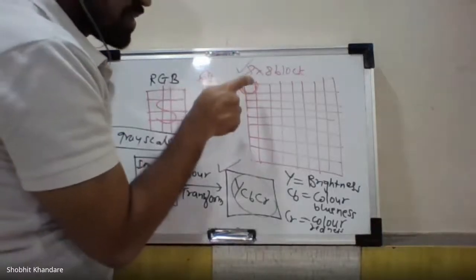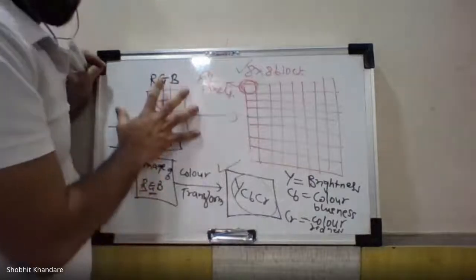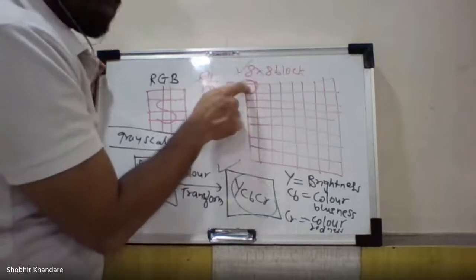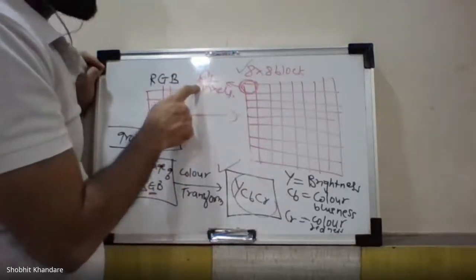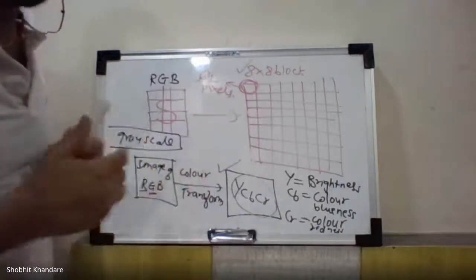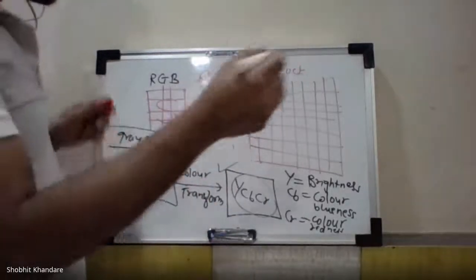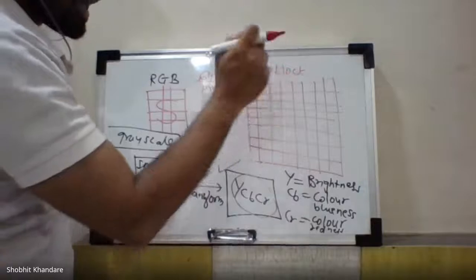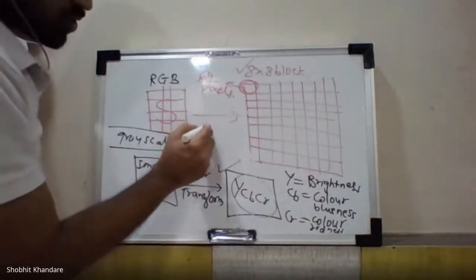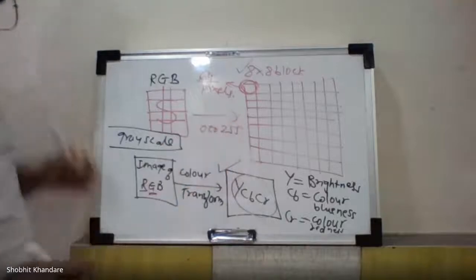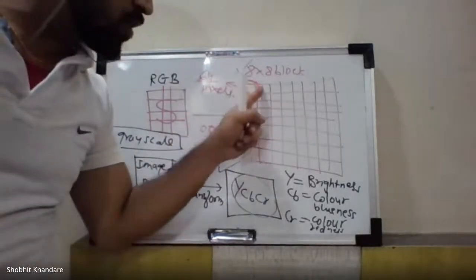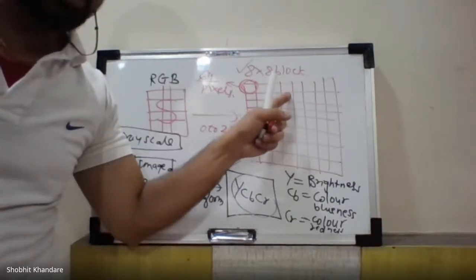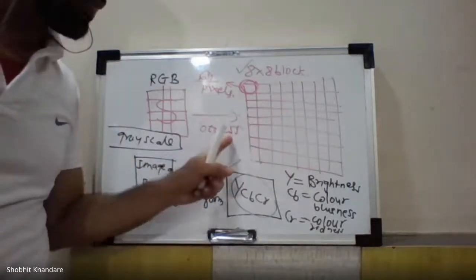Now, suppose this is the image, and I am converting it into 8 by 8 blocks of 64 pixels each. Each pixel will have a number, and the range of that number will be from 0 to 255. I mean to say that each pixel will have a number depending upon the intensity, and the number will vary from 0 to 255.